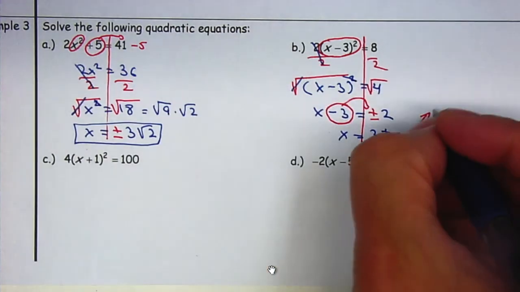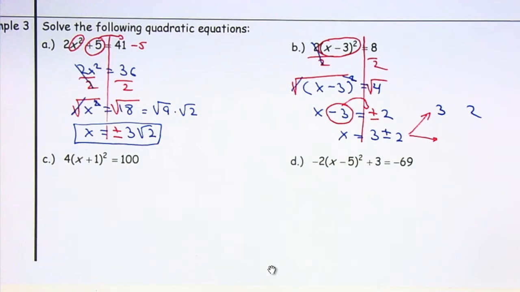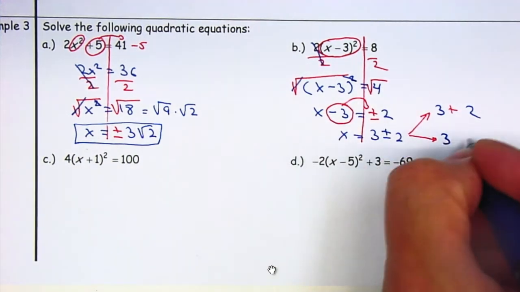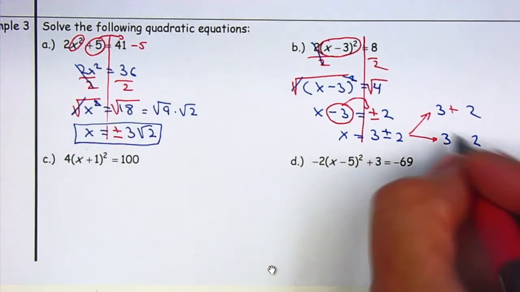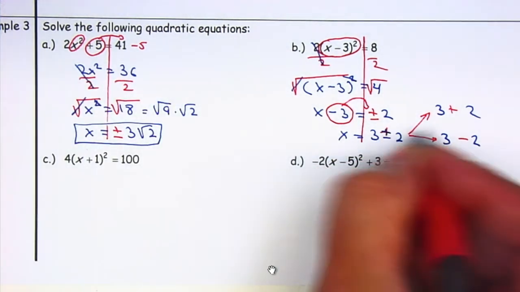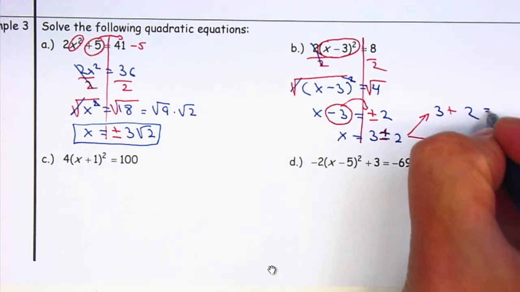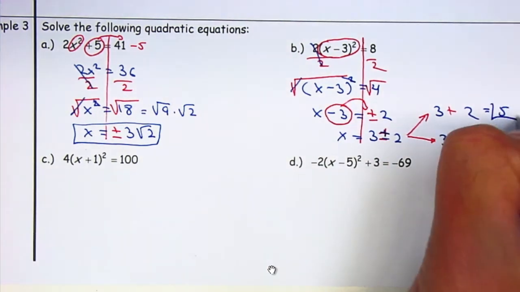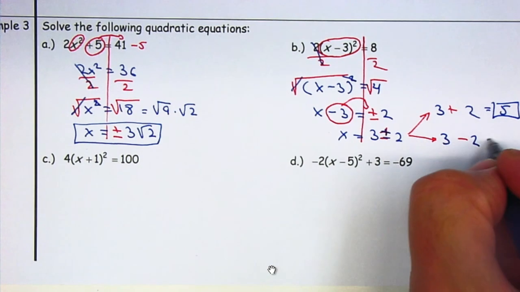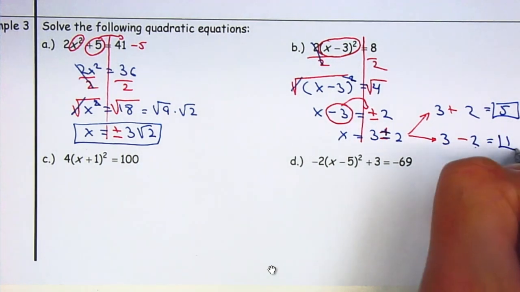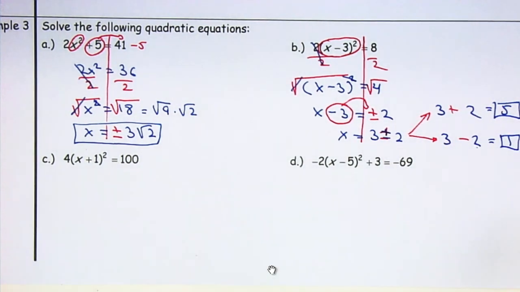So it'll be 3 plus 2 and 3 minus 2. That will give me 3 plus 2 will give me 5. So that's one of my solutions. 3 minus 2 will give me 1, and that's the other solution.